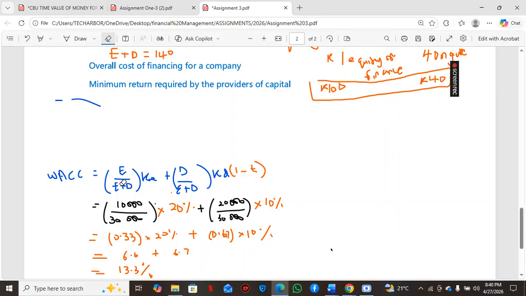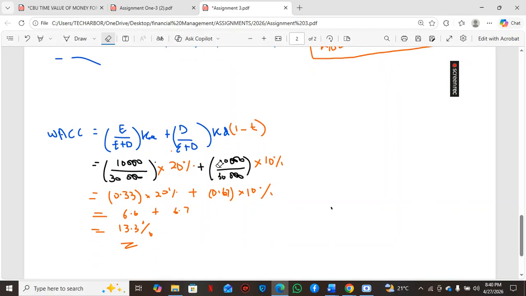E over E plus D is the weightage for equity. You're just asking, out of your total financing, what percentage represents equity? And D over E plus D is the weightage for debt. Out of your total financing, what percentage is represented by debt?